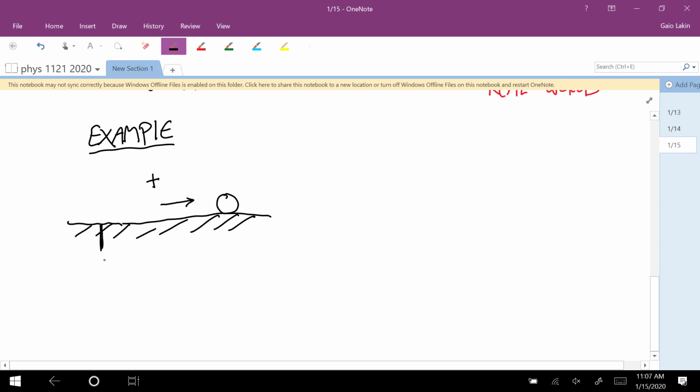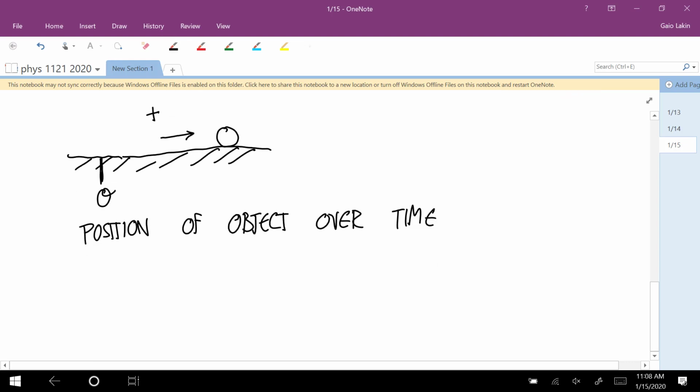Let's say that we'll call this the 0 position. And the position of the object over time is given by the function p of t equals 2t cubed minus 20. Let's say this is in meters.